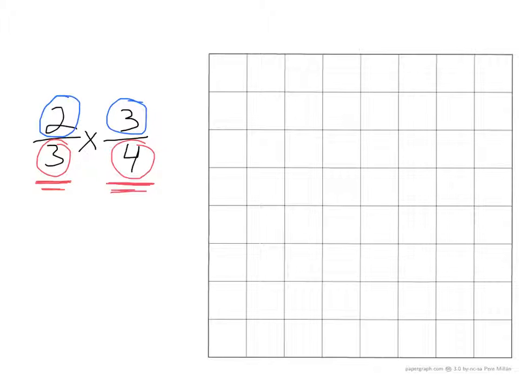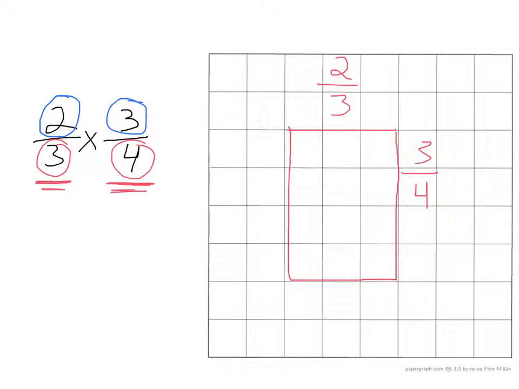So let's draw that. 1, 2, 3. 1, 2, 3, 4. So here is my 3x4 array. But I'm not actually interested in all 3 columns, and I'm not interested in all 4 rows. I'm only interested in 2 of those 3 columns and 3 of those 4 rows.